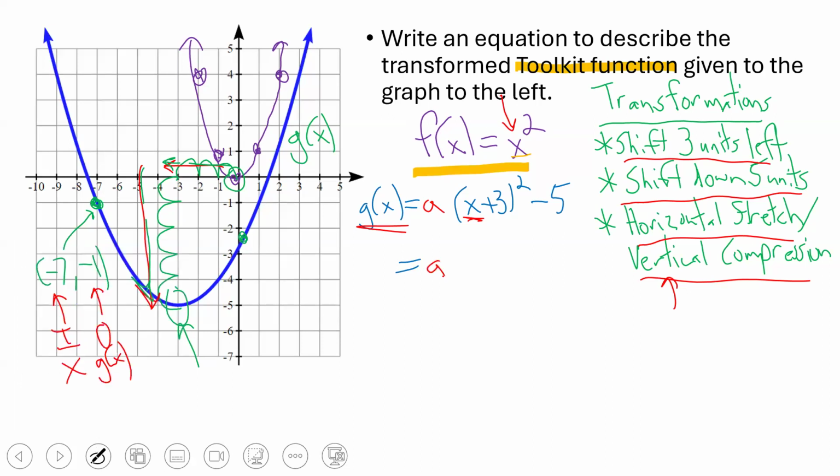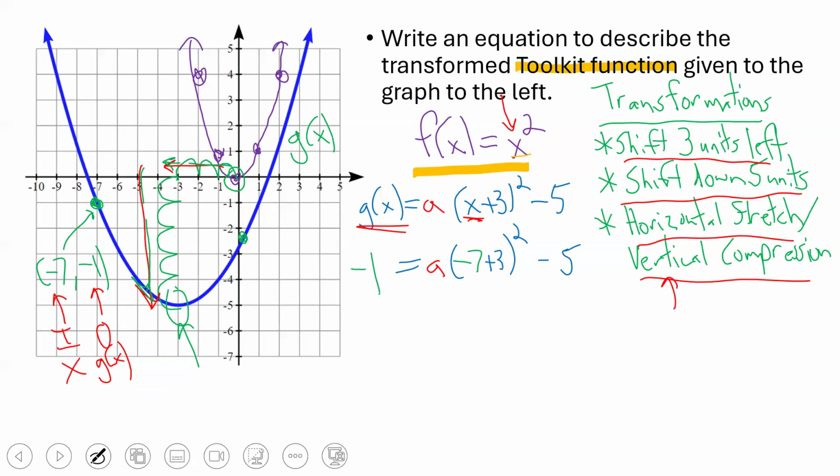So on the right hand side here, we'll have a times, and in the place of x, I'm going to put that input value from the point, which is -7. And then we have the plus 3 squared minus 5. And on the other side of the equation, where there's the g of x, we're going to replace that with the output value, which is -1.